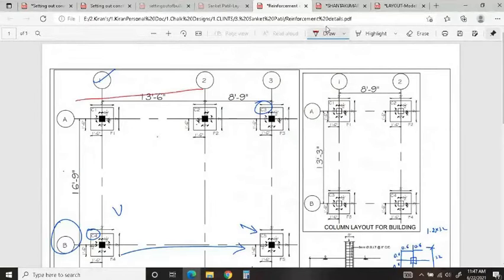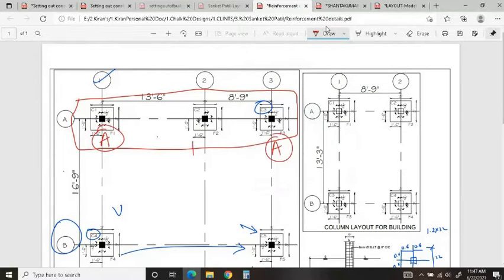Think that this is your bridge. This is the abutment, and this is the pillar you want to give. So how will we give? Once the structural engineer gives all the details and mentions the distance between the supports, you have to execute this in the site.